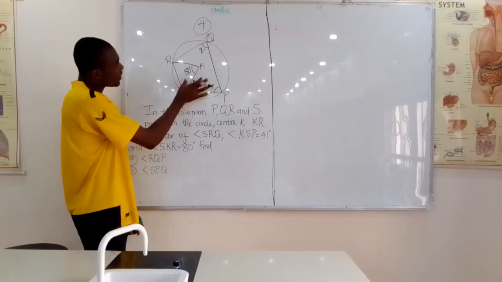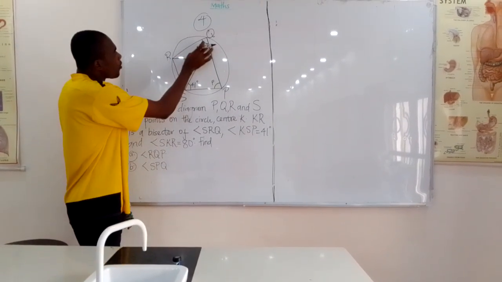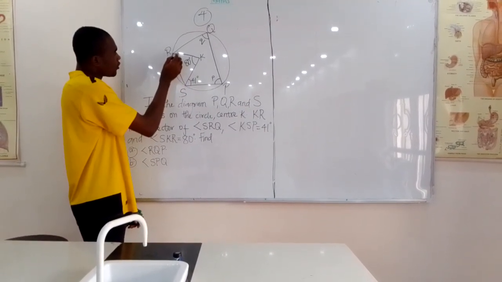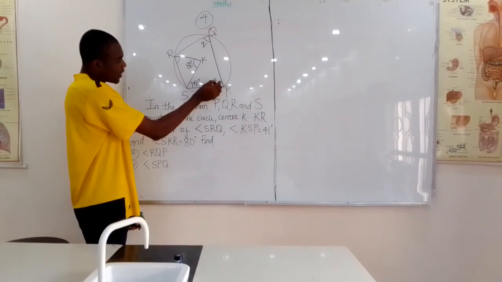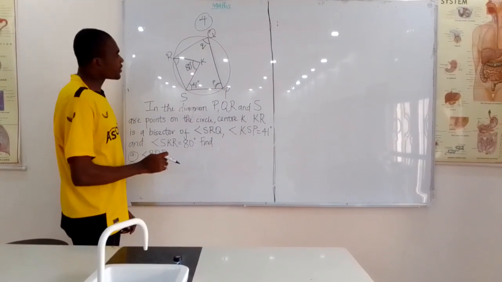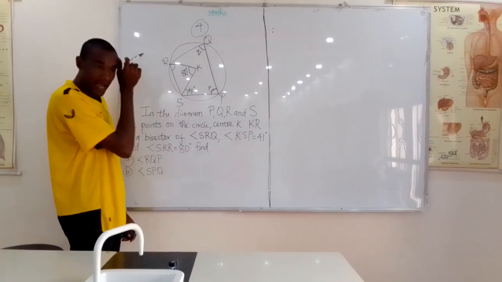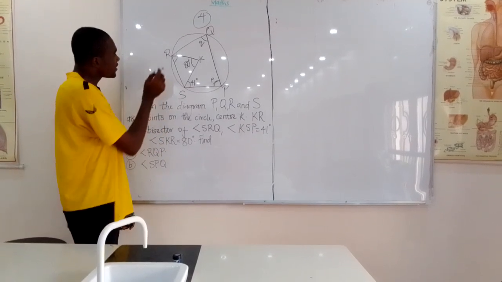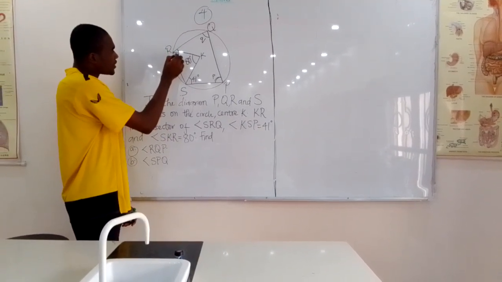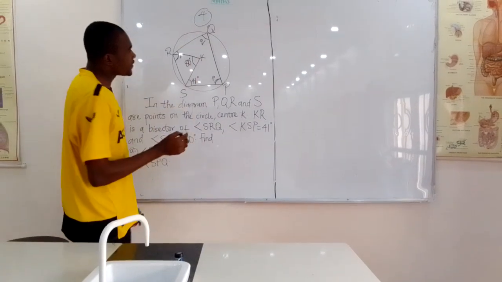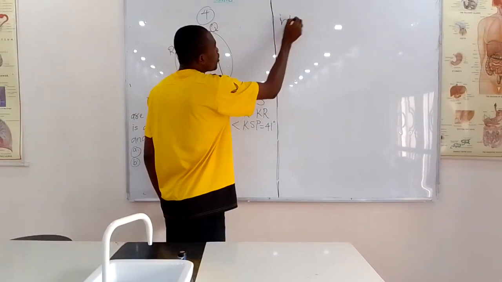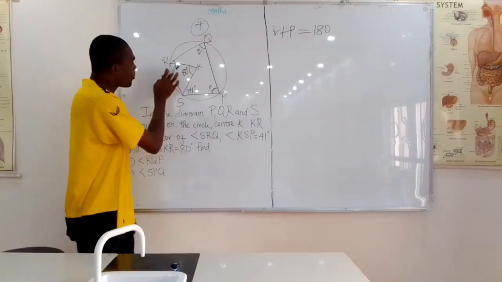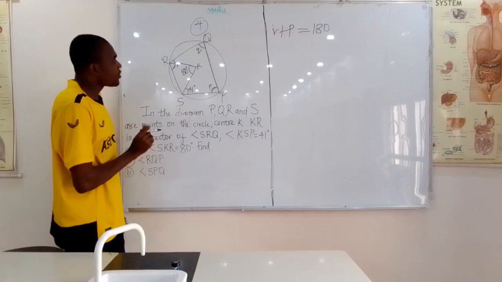The theorem states that the opposite angles of a cyclic quadrilateral are supplementary. If I call the whole of this angle here small r, it means that r plus p should be equal to 180. That's what we mean by opposite angles of a cyclic quadrilateral being supplementary.